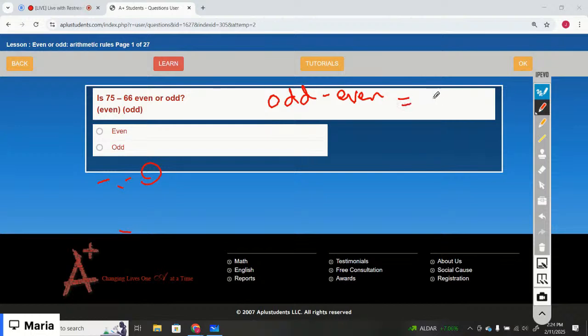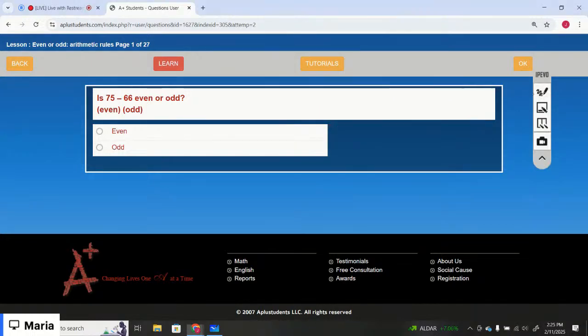So the answer is always the odd number. You can see 75 minus 66 is 9, and 9 is an odd number. The correct option is odd. Option number 2 is the correct option.